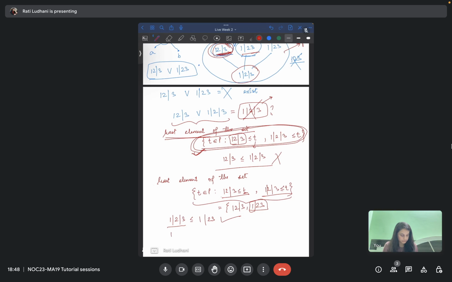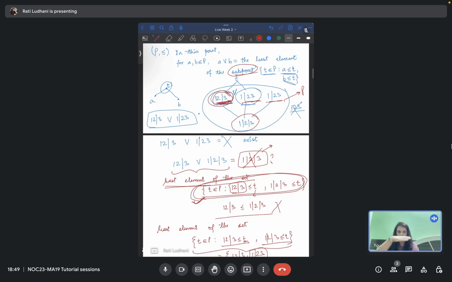But is it true that this will happen? Is this part true or not? No. There is no comparison, because you cannot say this is the refinement or the coarser one. So basically there is no comparison between these two. That's why they come at the same level with no comparison.